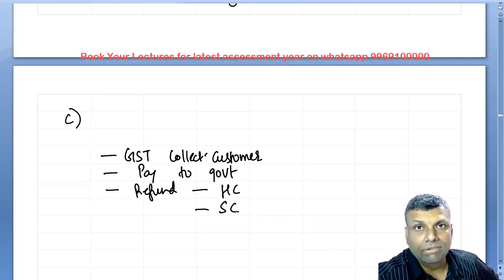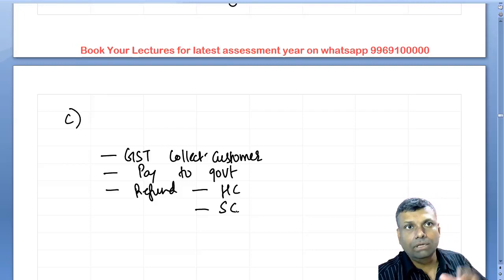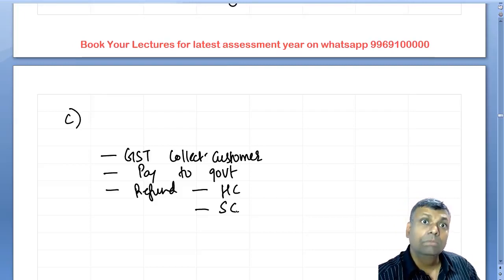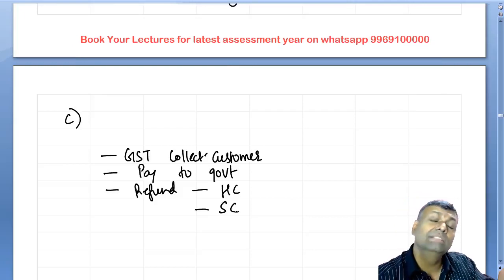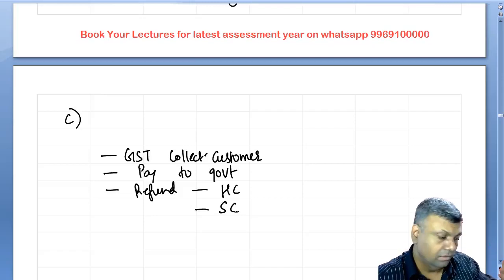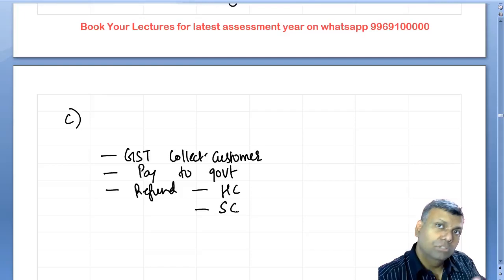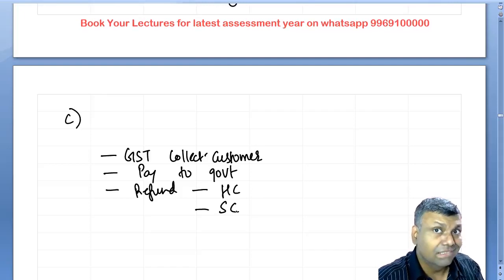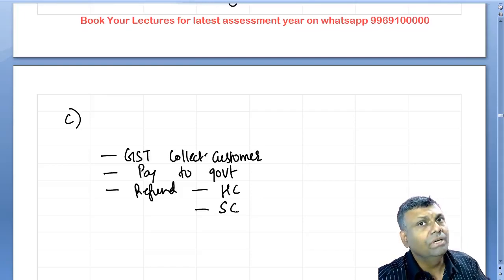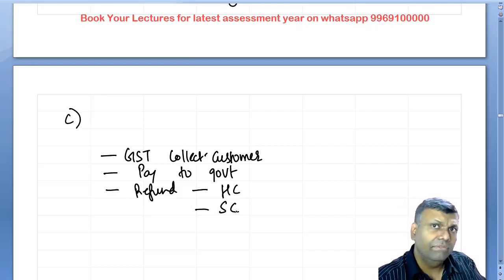So there are two stages of refund possible. The High Court has decided in your favor, you get the refund, but still the matter goes pending in the Supreme Court, and the Supreme Court has yet to decide. So you get the refund as per the judgment of the High Court, but pending in the Supreme Court. So does it accrue or not? That's the situation.